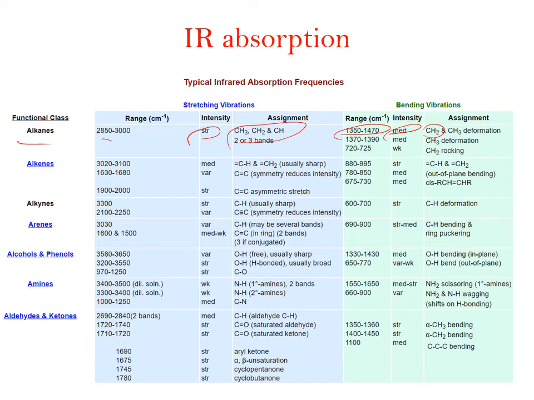So a single molecule can have both stretching vibration and bending vibrations depending on its specific constituent molecules or parts. So this helps us to identify different molecules using their IR absorption frequency or wave numbers.